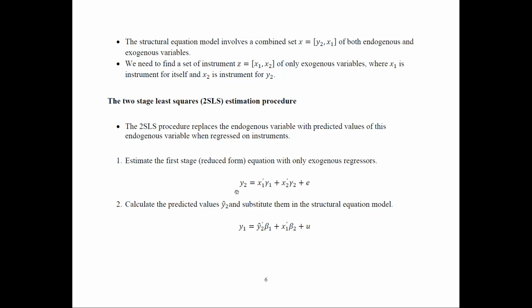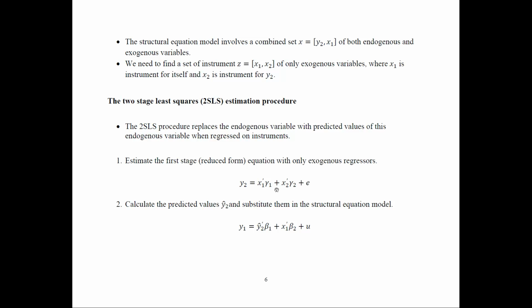The first stage has this y2 variable, the endogenous one that causes problems. We regress that on x1, the truly exogenous variables from the structural model equation, and x2, the instruments that only occur in this equation but don't belong in the original equation.